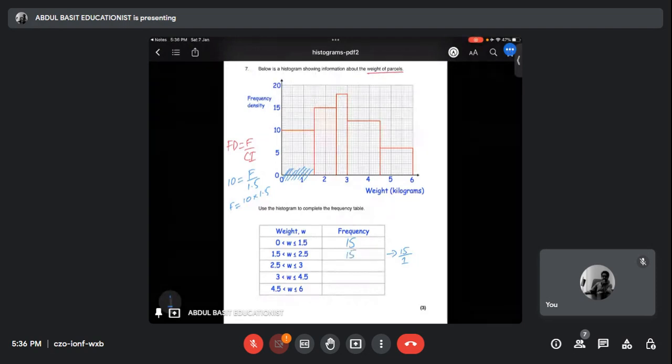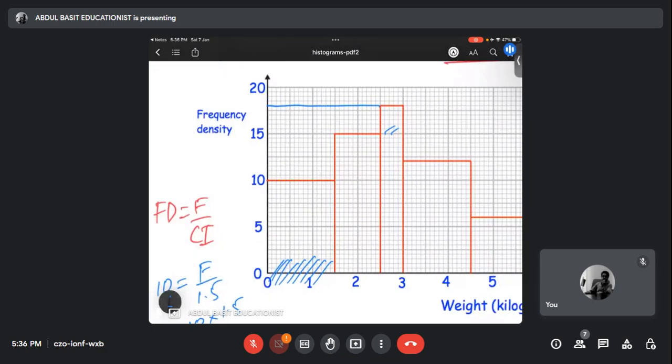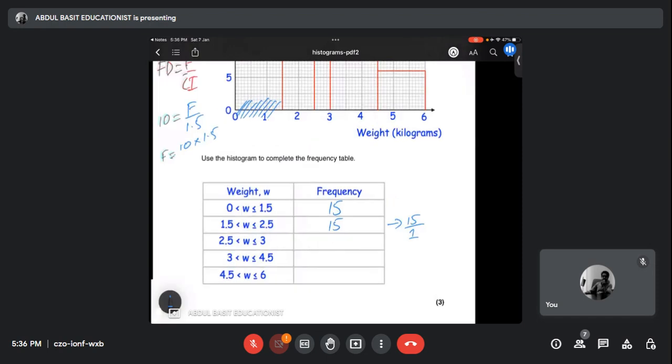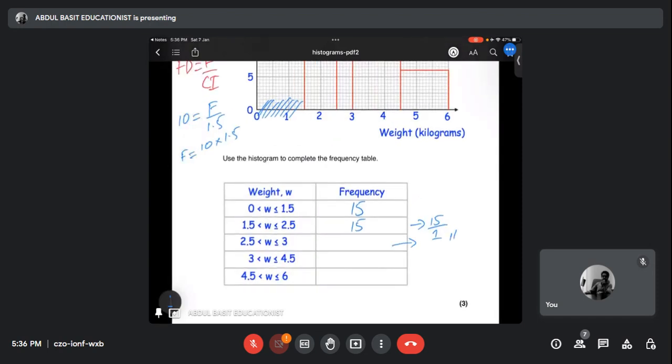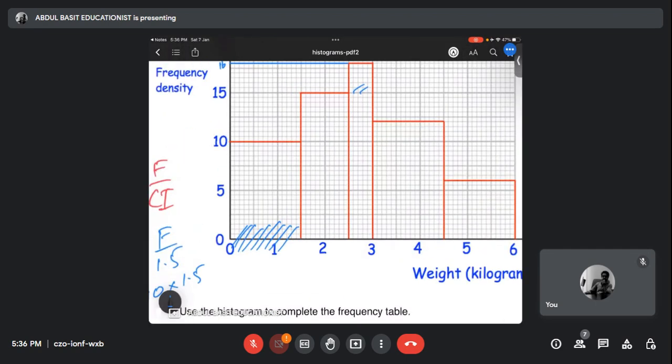Now the FD of the third pillar looks like it is 16. So for the third pillar, 16 divided by the class interval, 3 minus 2.5, is 0.5. So 16 divided by 0.5 is the double, 32. Now the FD of the fourth pillar is somewhere here. So it's 14.